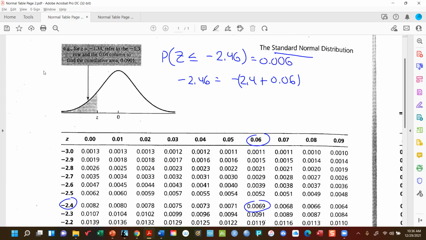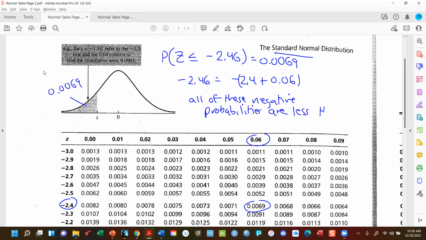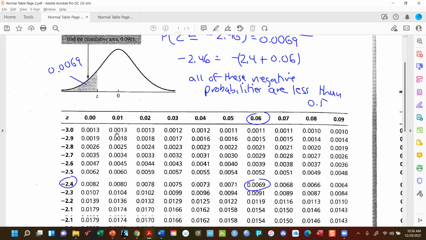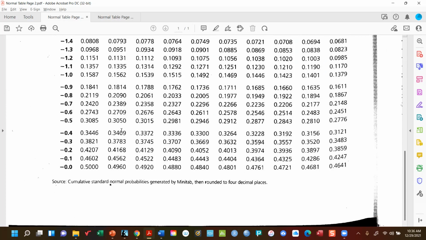So on the negative side of the table, these probabilities are very, very small. Typically, all of the negative probabilities are less than a half, and so these are typically very small numbers.